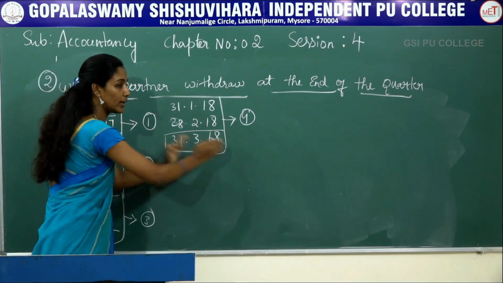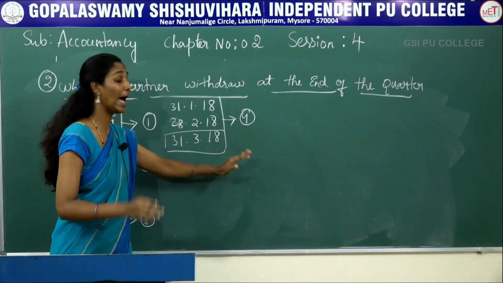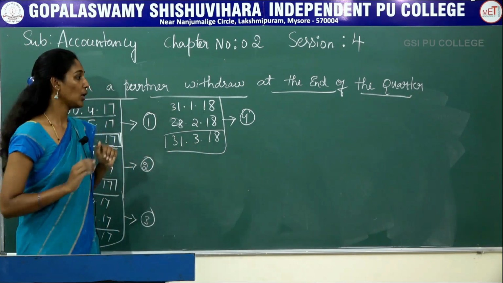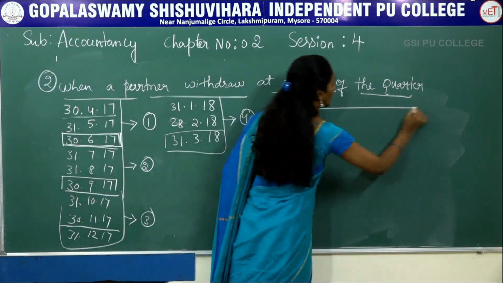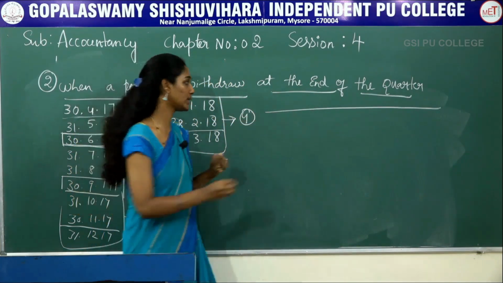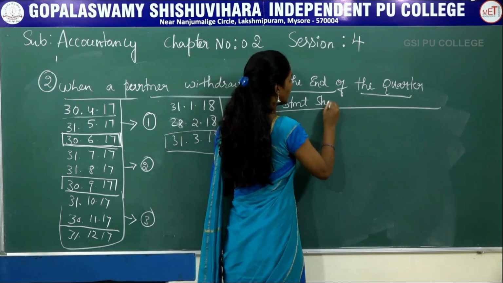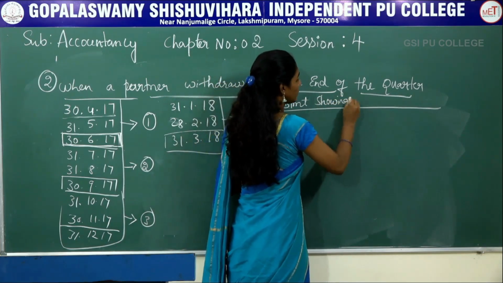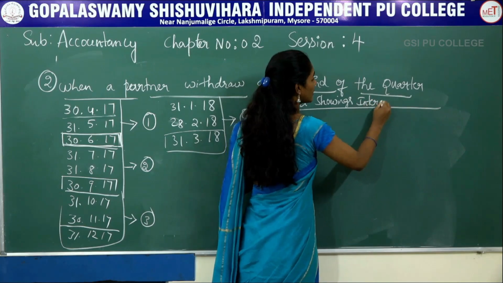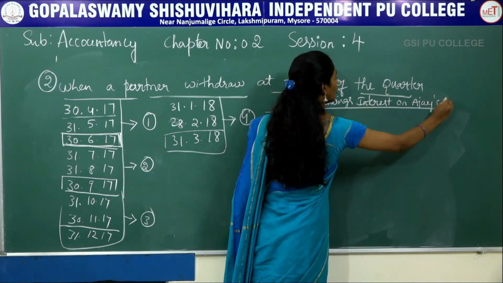In the same way, in the fourth quarter also you should take 31st/3/2018 as date of drawings. So now we should draw a table for calculating interest on drawings. Statement showing interest on Ajay's drawings.